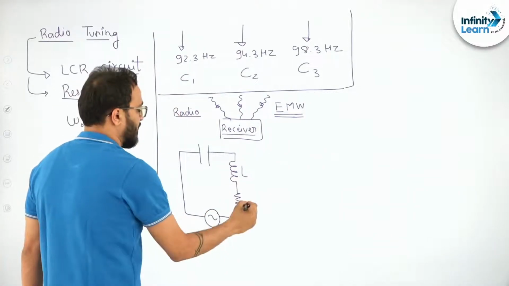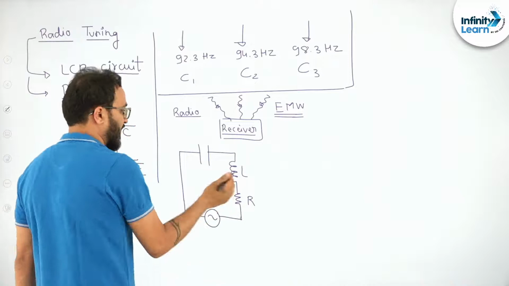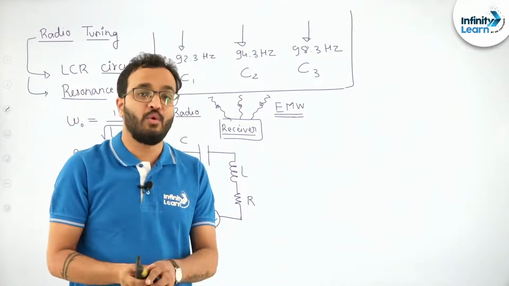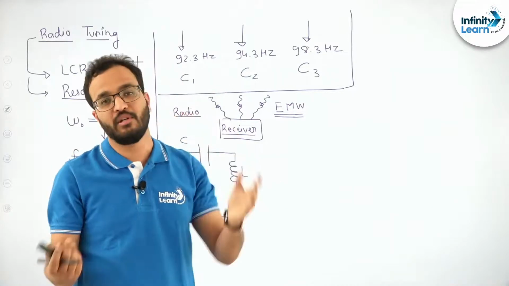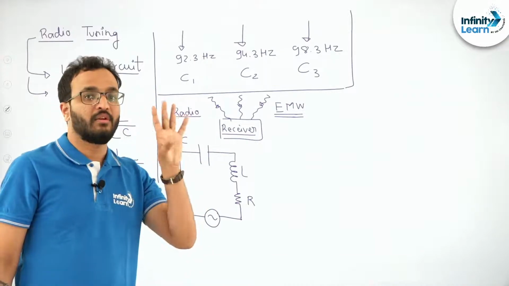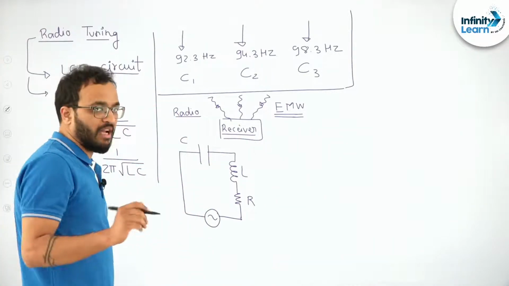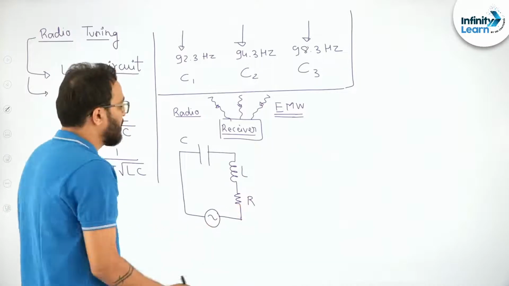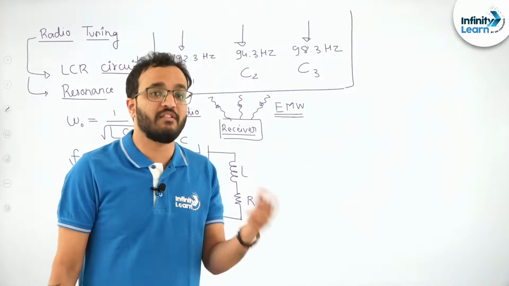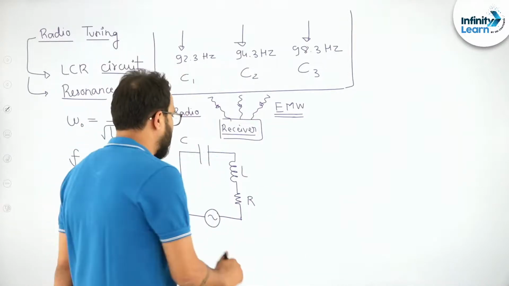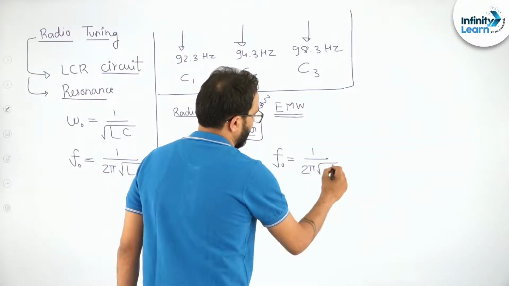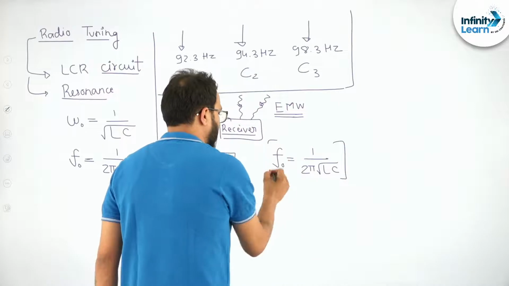We design the radio in such a way that while tuning, while moving the knob in the old radios, the distance between the capacitor plates used to change, and that is how you changed the value of the capacitance in the circuit, and that is how you changed the value of f naught. So you can change the value of C and you can change the value of f naught.